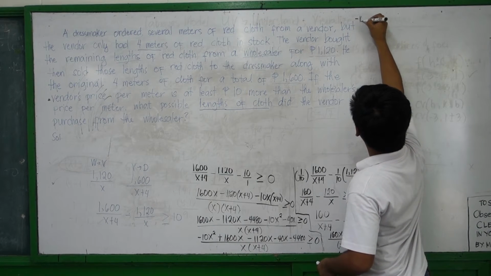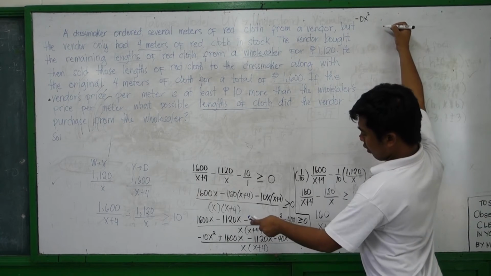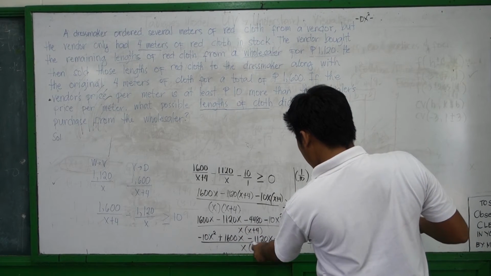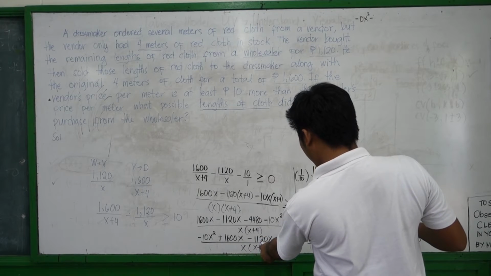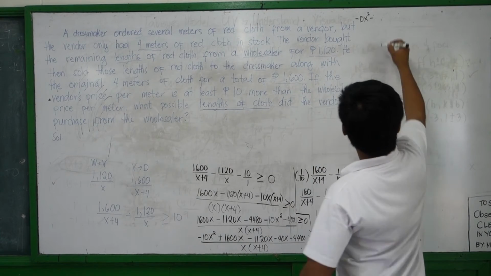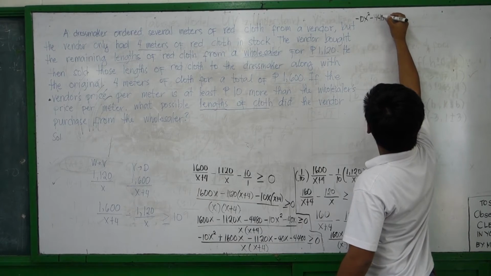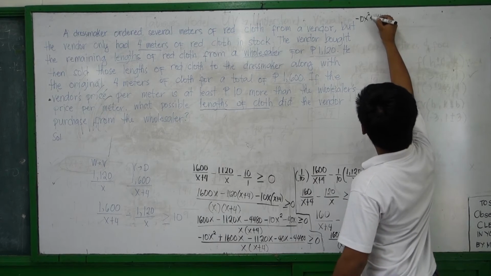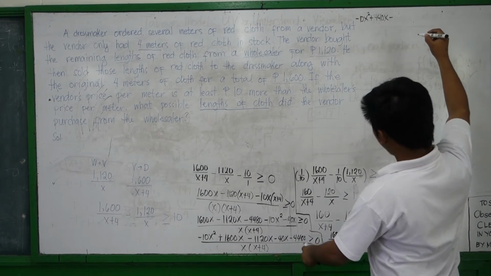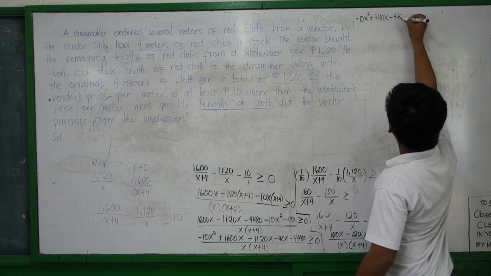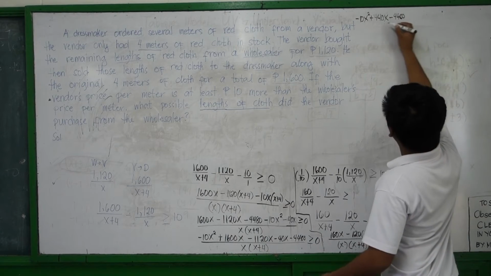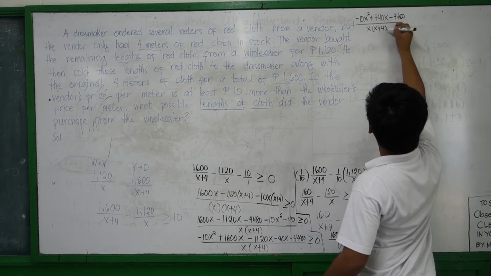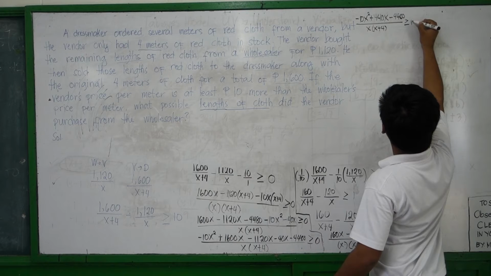So, negative 10x squared minus 16... 440x plus minus 480, all over x times x plus 4, and greater than or equal to 0.